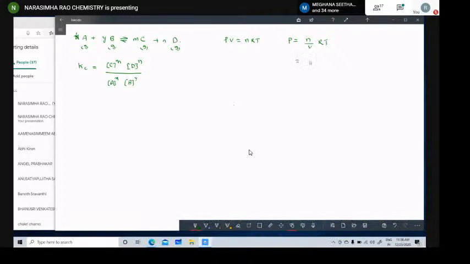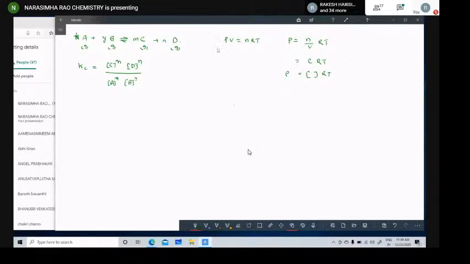Now n by V is the molar concentration, which is considered as active mass. So active mass into RT is equal to P. Children, it's clear now? Yes, sir.